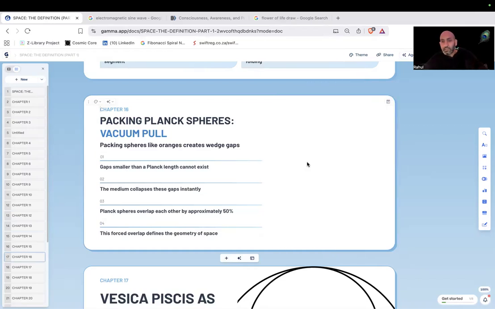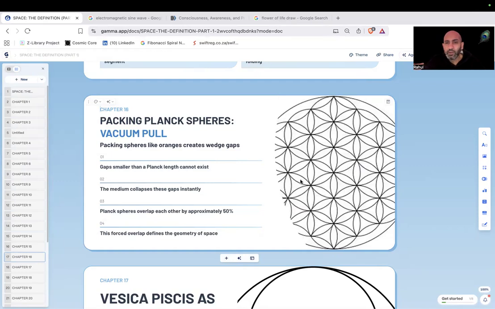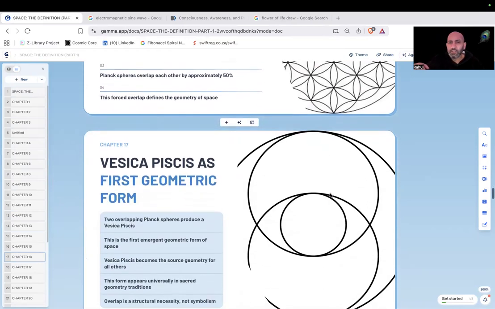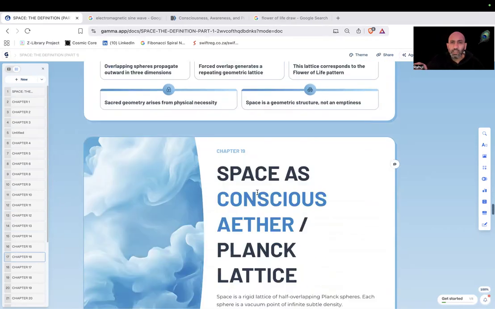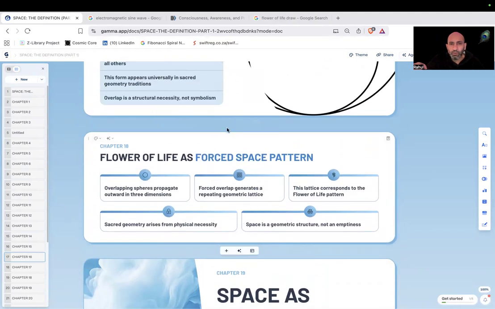It's more like that, where this is one Planck unit. The second one overlaps at 50%, creating a Vesica Pisces, which has a number of great constants. But there's so much more to it.